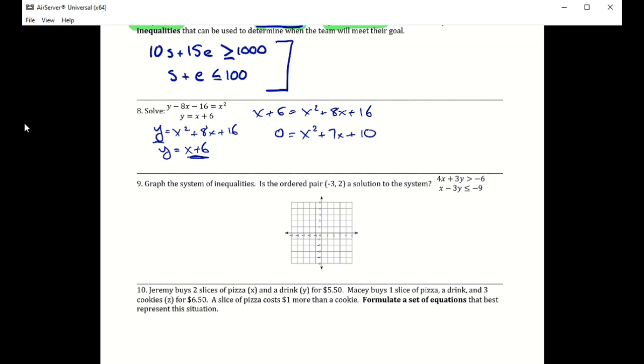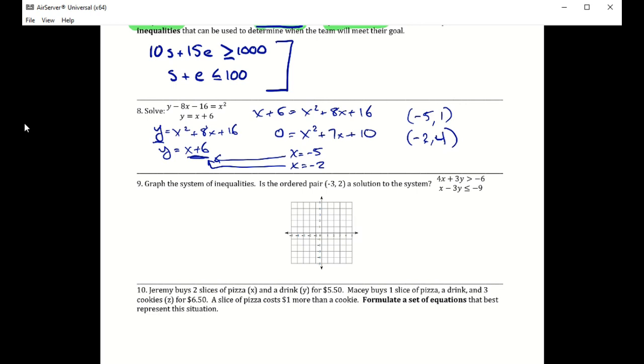At this point, you could use a quadratic formula, and you would end up with x equals -5 and x equals -2. And then you would just take these two x's, put them in this linear equation to solve for the y's, and you would end up with -5, 1 and -2, 4, which is what you should get if you do the second trace intercept graphic method.